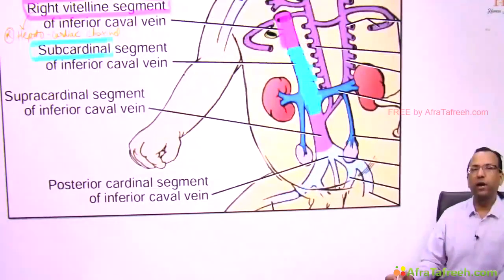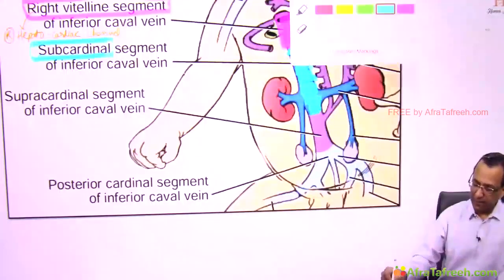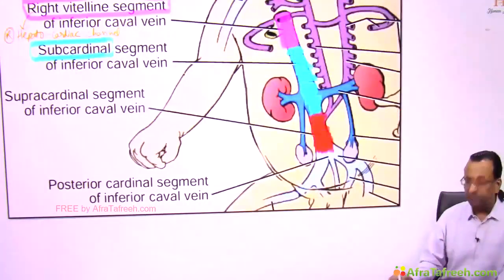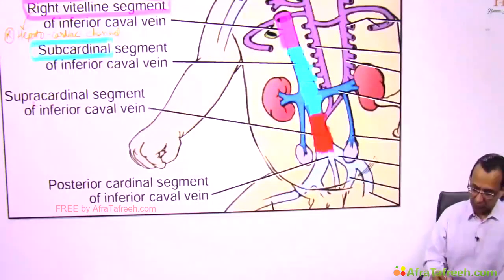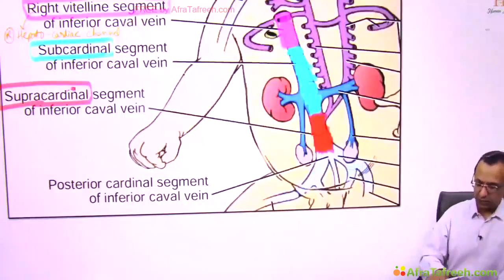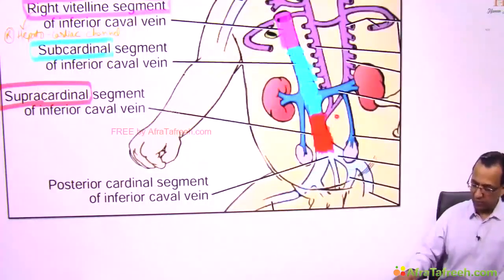And what about the infrarenal segment of the IVC? The vein contributing there is the supracardinal vein. They are on the right side basically, because the inferior vena cava is on the right side. So the right-sided supracardinal vein contributes to the inferior vena cava below the renal area.